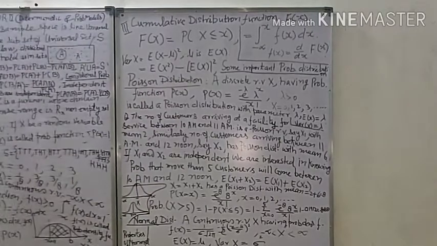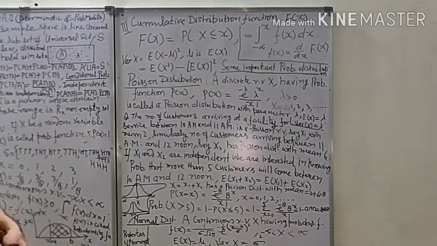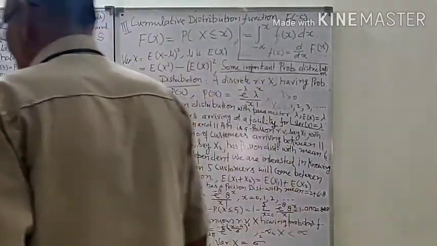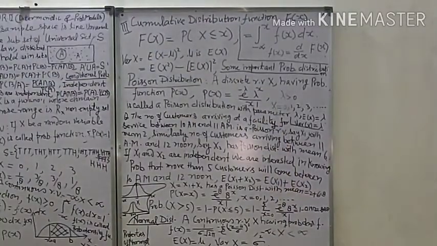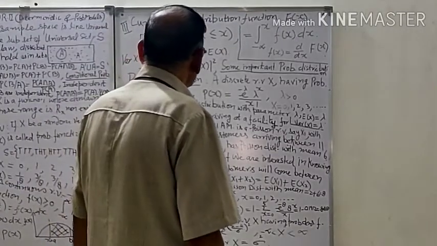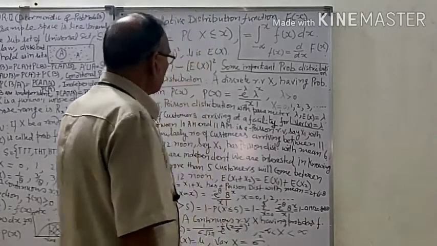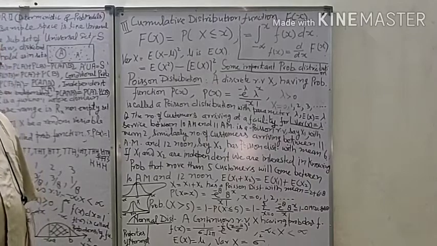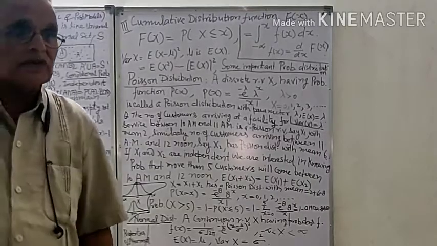Now some important probability distributions. You have done binomial distribution, which is also a discrete distribution, but a special case of binomial distribution is the Poisson distribution. So we can say only Poisson distribution. How to define this Poisson distribution?